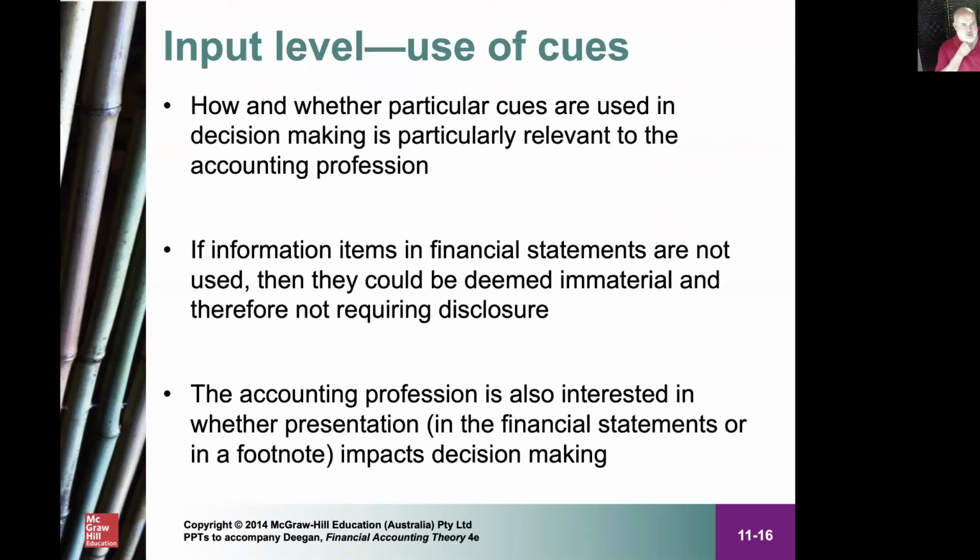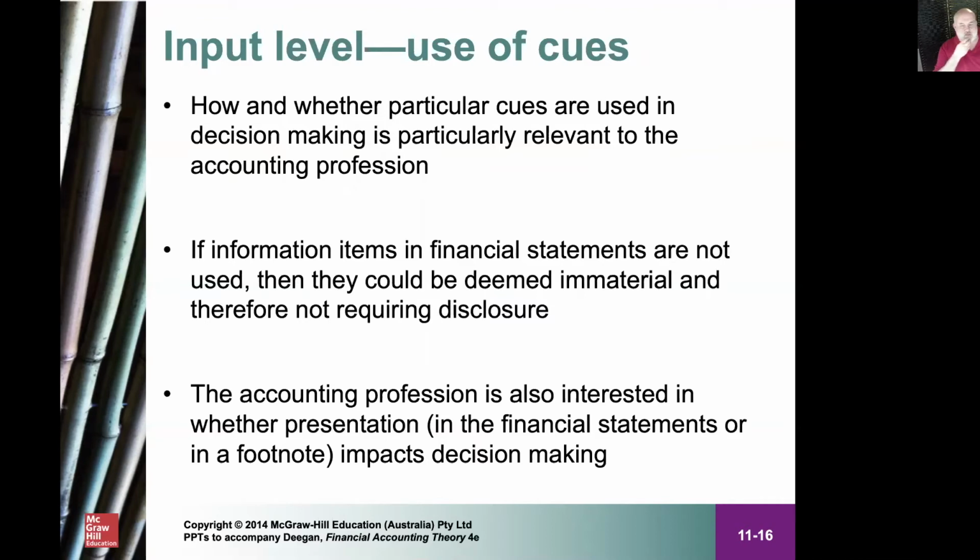So the first of these: how and whether particular cues are used in decision making is particularly relevant to the accounting profession. The reason for that is if information items in financial statements are not used, then maybe they're deemed to be immaterial. So what does it mean to be immaterial? Something is immaterial if its omission or misstatement would not impact on decision making.